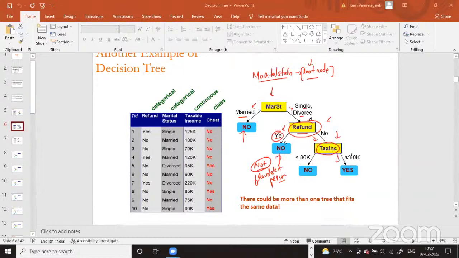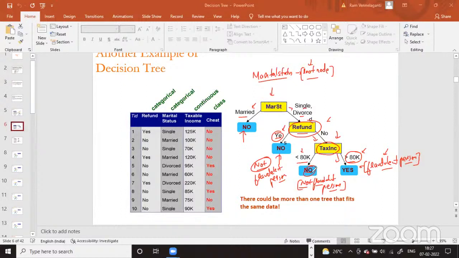If my taxable income is greater than $80,000, then I'm a fraudulent person. If my taxable income is less than $80,000, then I'm not a fraudulent person. So this is how I'm supposed to classify my observations based on my different features.